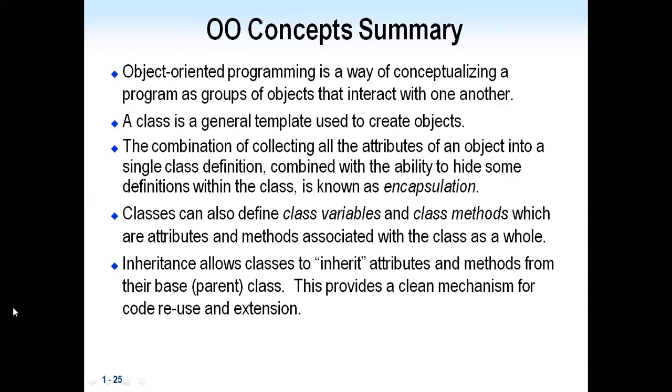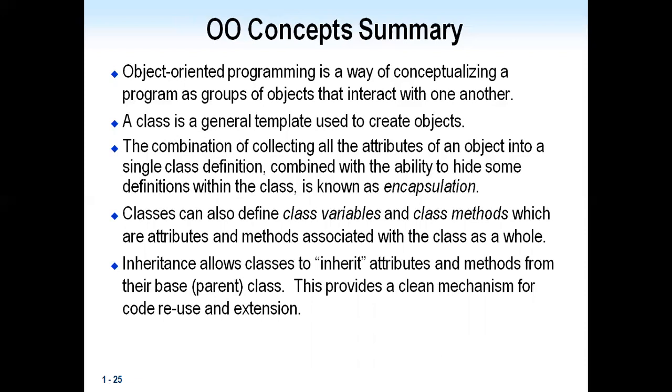So the basic elements of object-oriented programming: the first one is object. Already you know about objects. Next one, class. It is a generic template used to create objects. Next, what is meant by encapsulation? Encapsulation means collecting the attributes and methods into a single definition, combined with the ability to hide some definitions within the class.